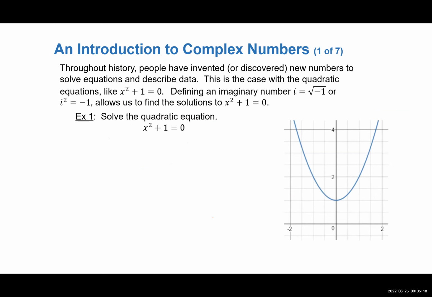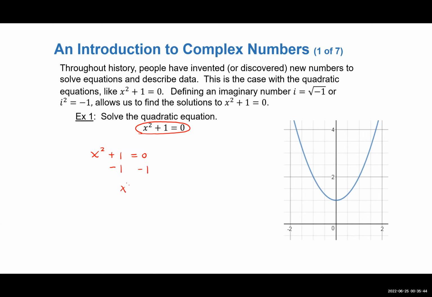Of course, throughout history, people have invented or discovered new numbers to solve and describe equations. So if we look at this equation, x squared plus 1 equals 0, there are multiple ways for us to solve this, like we learned in 3.2. But one way to solve it is, because there's only one term with x's in it, we can use the square root property.